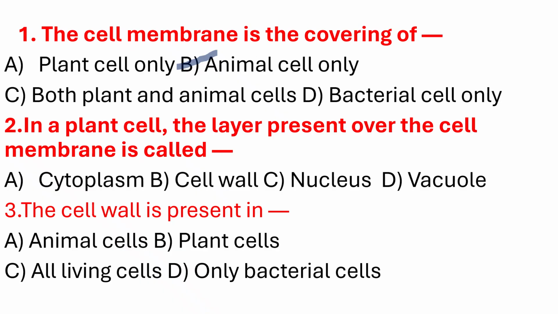In a plant cell, the layer present over the cell membrane is called cytoplasm, cell wall, nucleus, vacuole. Cell wall. The cell wall is present in the plant cell. Option B, plant cell. Option C, all living cells. Option D, only bacteria cells. Plant cells.